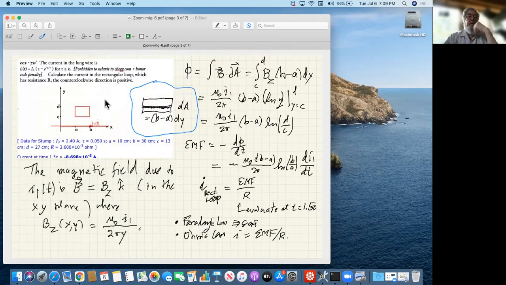Here's another problem from the assignment. There's current in this wire. In this long straight wire, there's a current that depends on time. Now we know from last week, if there's a current, there's a magnetic field. And if the current depends on time, then the magnetic field depends on time.